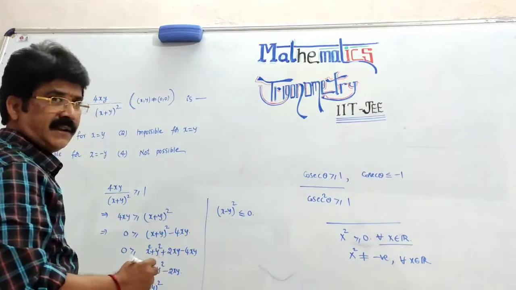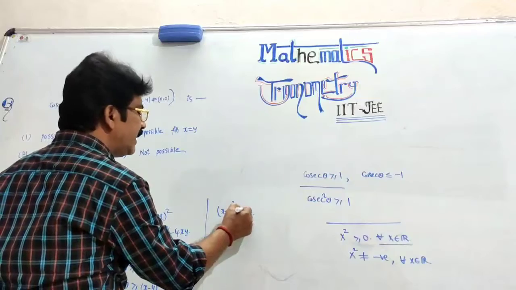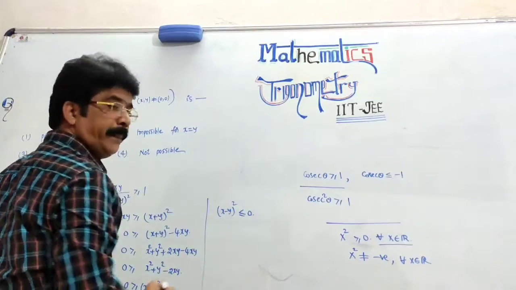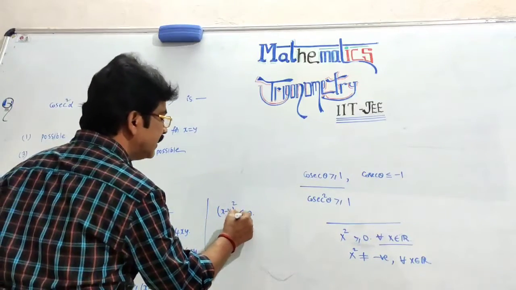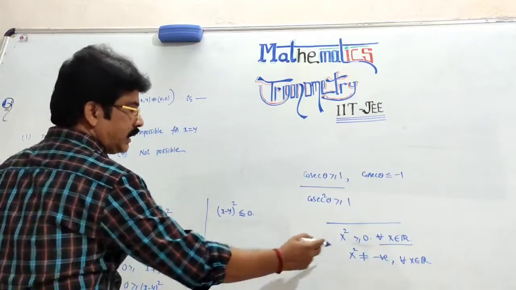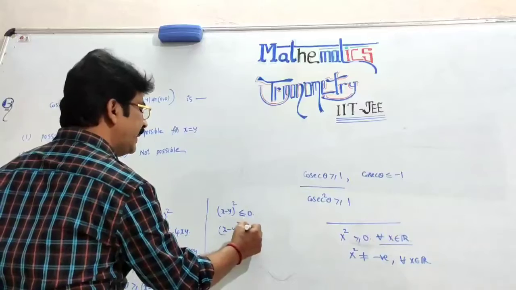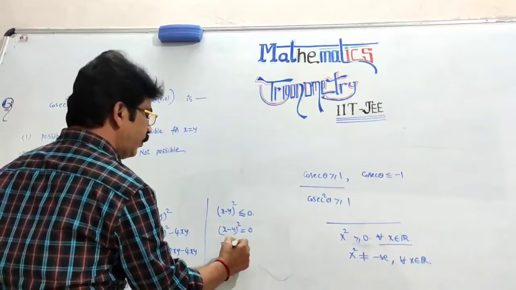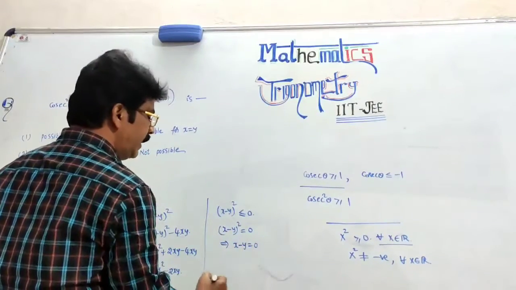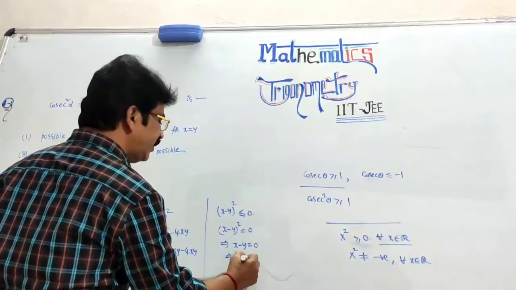So two conditions are here. Number one, less than 0. Number two, equal to 0. According to that, x minus y whole square must be equal to 0. So x minus y is equal to 0, that implies x equals y.